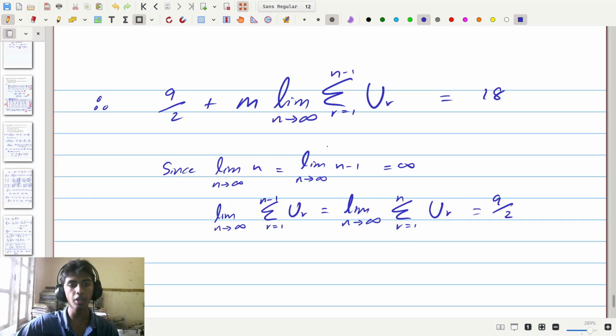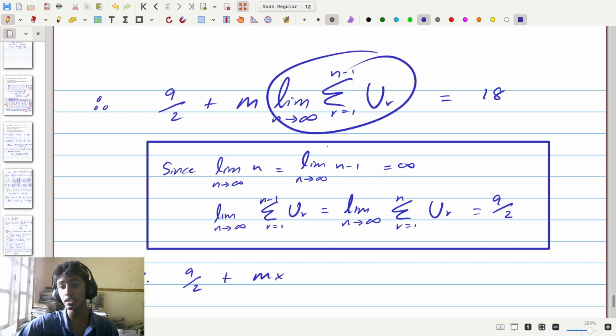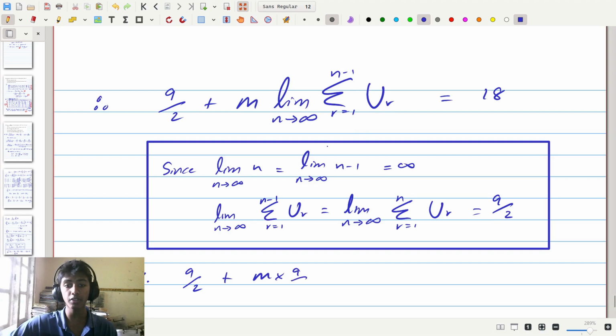Now once again we're going to substitute this into here, and we can see that if we substitute, we get 9 over 2 plus m times this value of this limit here, which is 9 over 2. So 1 plus m times 9 over 2 is equal to 18.